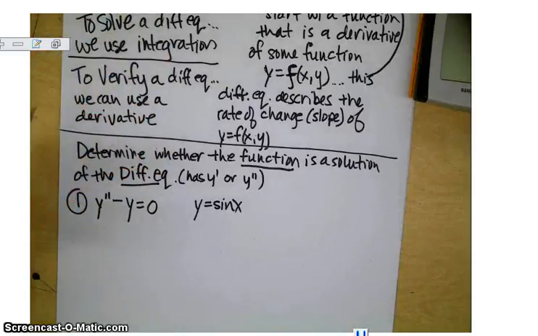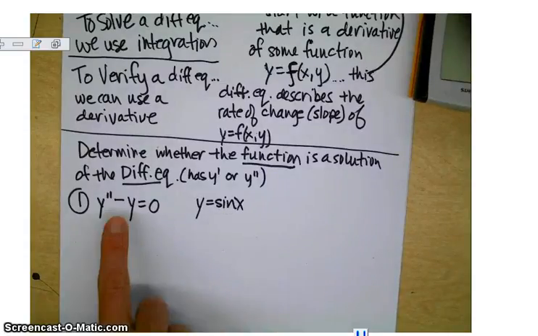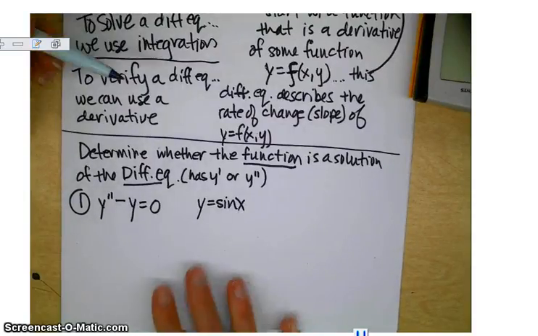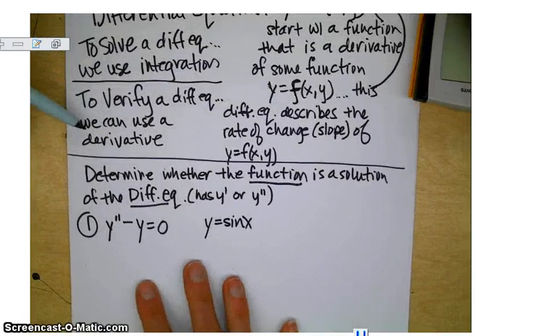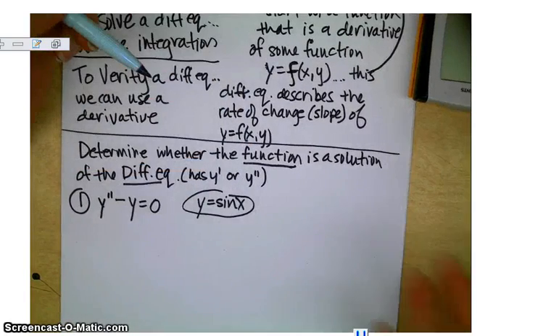So we need to verify that this function right here could be a solution to this differential equation. Here's how we do this. We are basically going to use derivatives like we said up here. I'm going to start with this function right here, and I'm going to find its derivative.